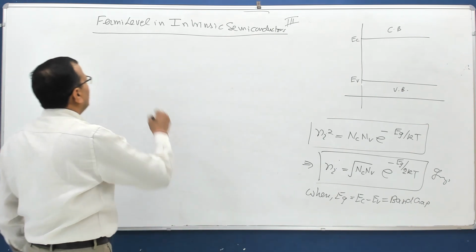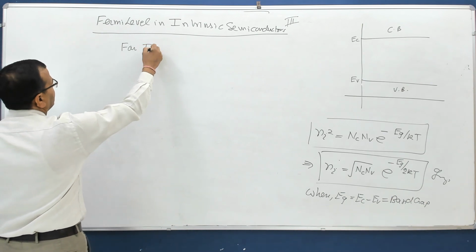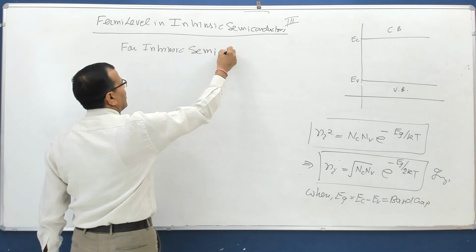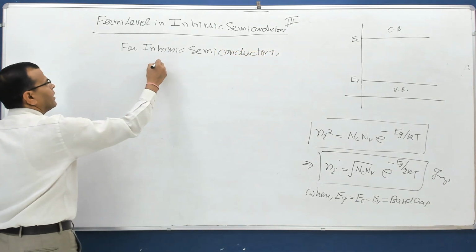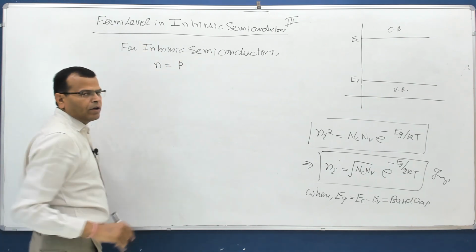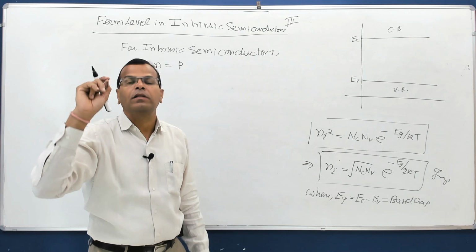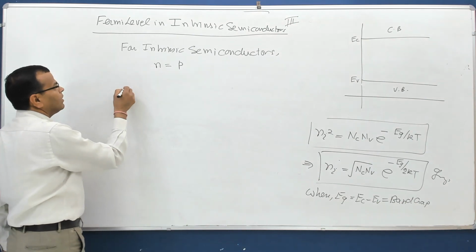Now, for intrinsic semiconductors, what is there? N is equal to P. Concentration of electrons in the conduction band is the same as concentration of holes in the valence band. So this gives what?